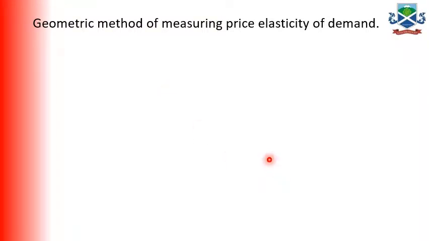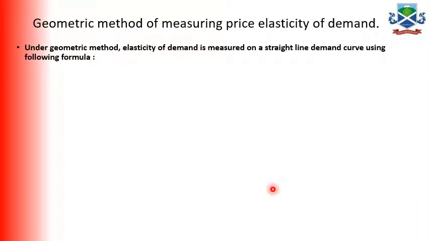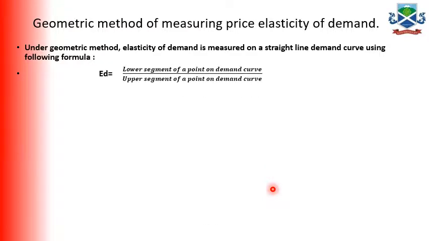We go to the last method, that is the geometric method of elasticity of demand. Under the geometric method, elasticity of demand is measured on a straight line demand curve using the following formula. ED is equal to the lower segment of a point on the demand curve divided by the upper segment of a point on the demand curve, from a point.